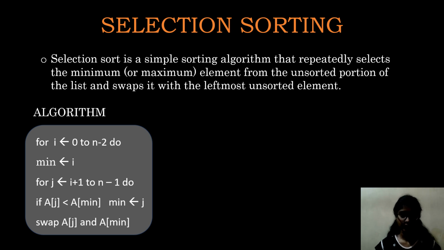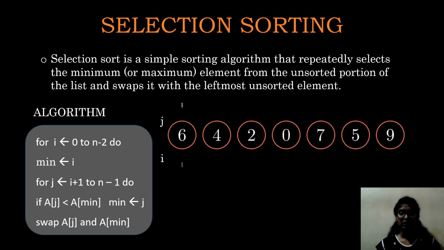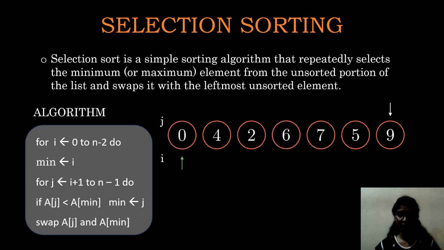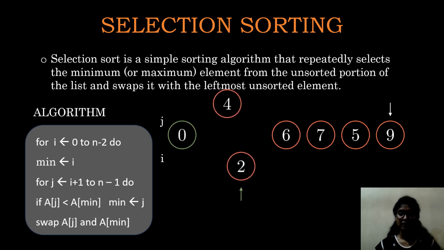So let's see it with an example in an animation. Here we are taking 7 elements. We first check which is the minimum element and place it as i, then we check all the elements, then swap, and again we check the second minimum element, place it as i, then swap.